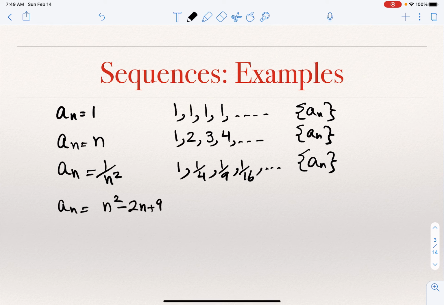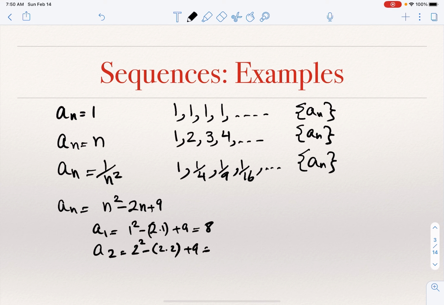So a1 will be 1 squared minus 2 times 1 plus 9. 1 minus 2 is minus 1, plus 9 is 8. For a2, 2 squared minus 2 times 2 plus 9. 2 squared is 4, minus 4 is 0, plus 9 is 9, and so on. So you can define any sequence you want.